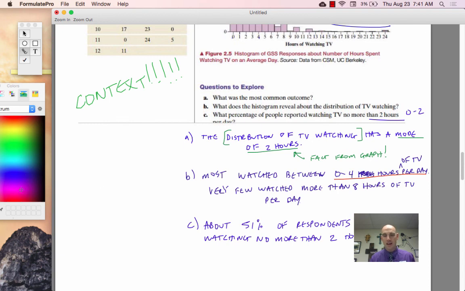Again, context. Respondents that reported, not that they did or they didn't, they reported that they watch no more than 2 hours of TV per day. That's context, context, context, guys, okay? So important to include the context in your answers.